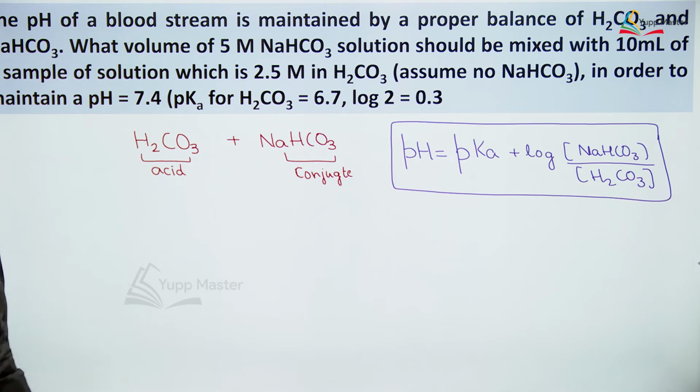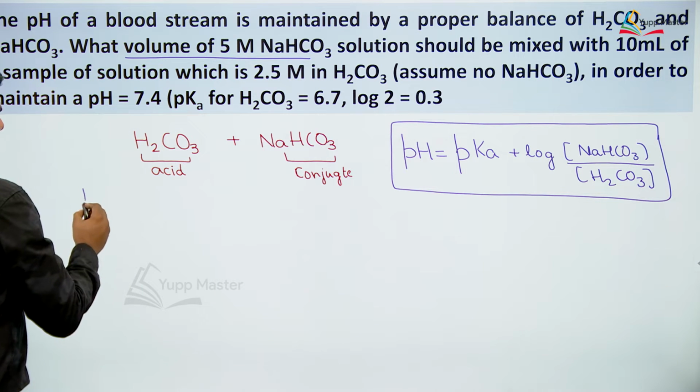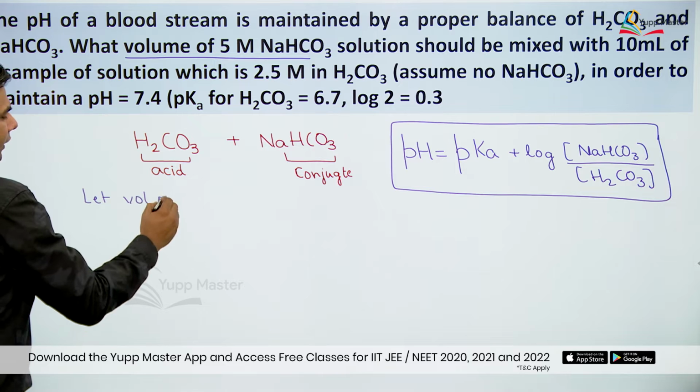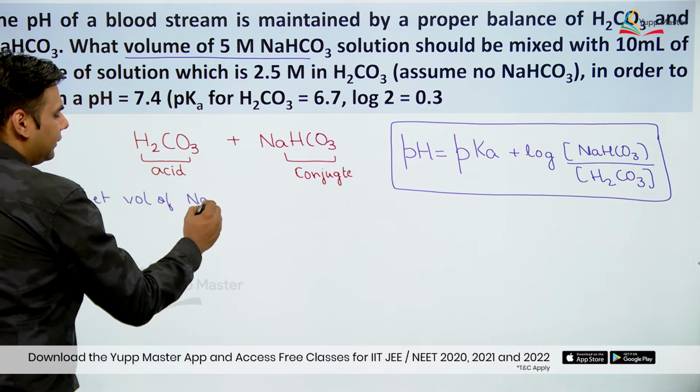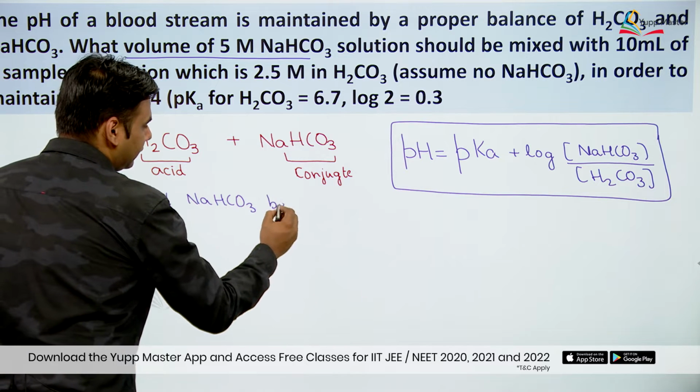So this is a very direct question on this formula. Now we know that we have to calculate the volume of NaHCO3. So let us assume the volume of NaHCO3 to be V, right.